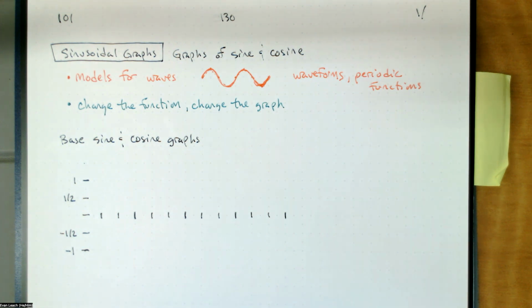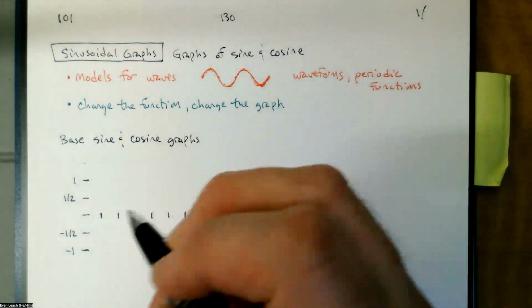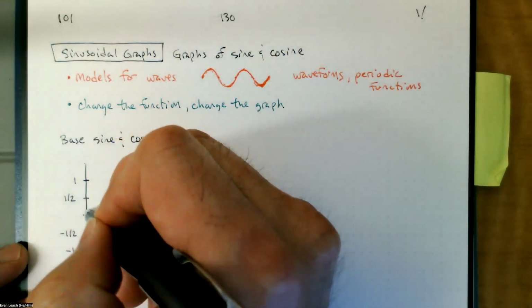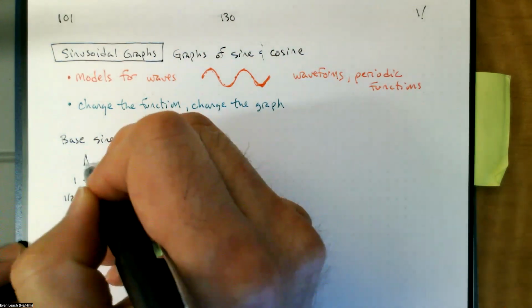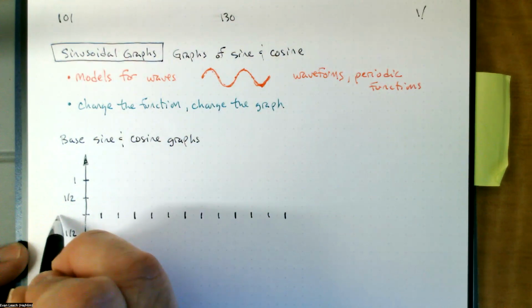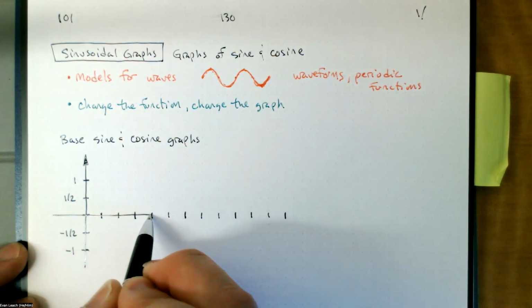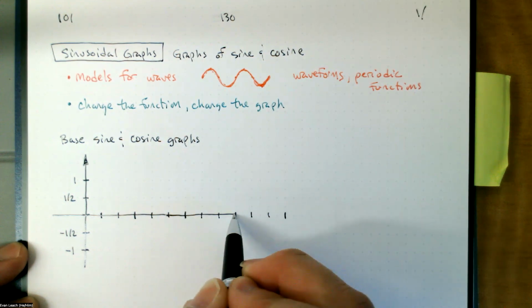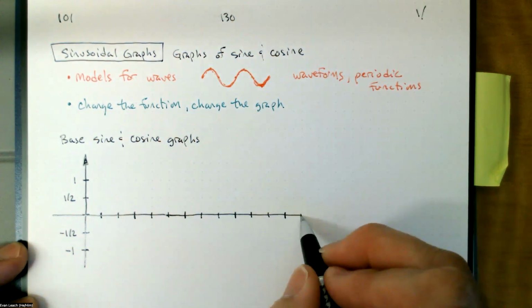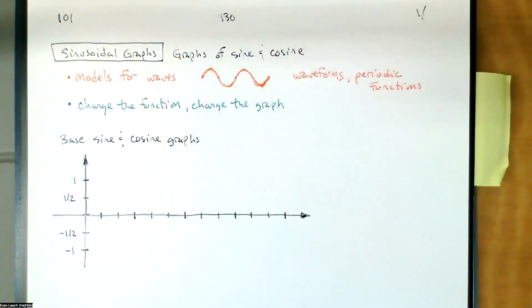Vertically, +1 and -1 split in half: 1, 1/2, 0, -1/2, and -1. Horizontally, 4 quadrants split into thirds.